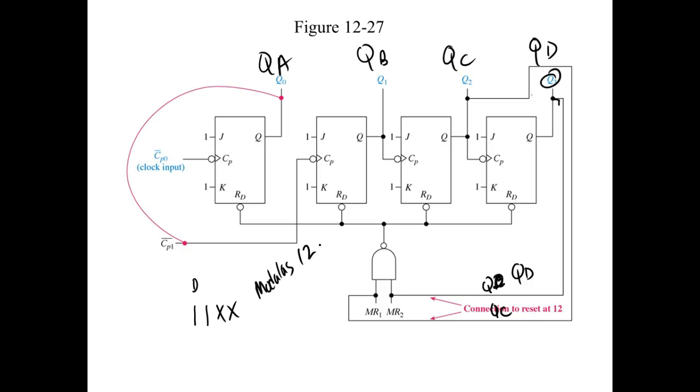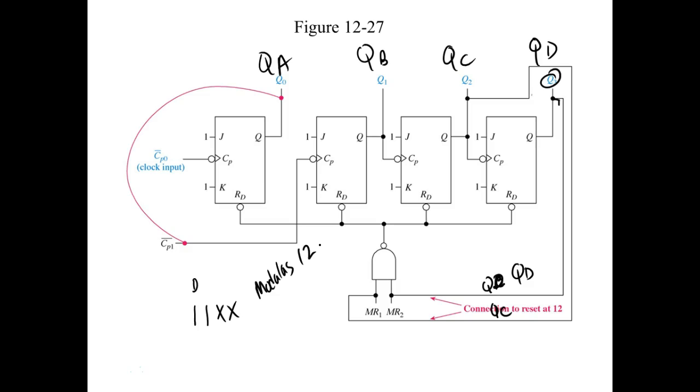No, to set the modulus, you reset it on 1 plus what you want the modulus to be. Right? I'm sorry, you reset it on 1 plus the count you want it to go to. So I said that wrong.